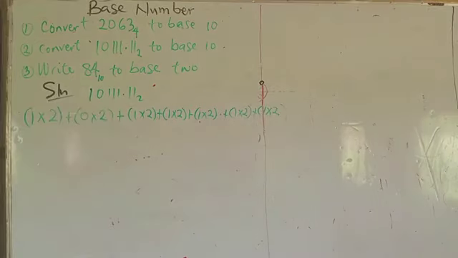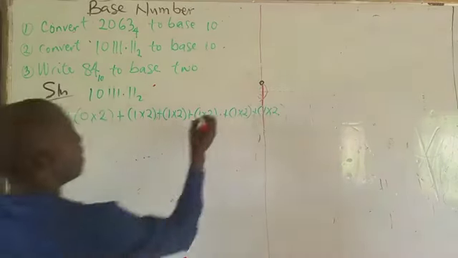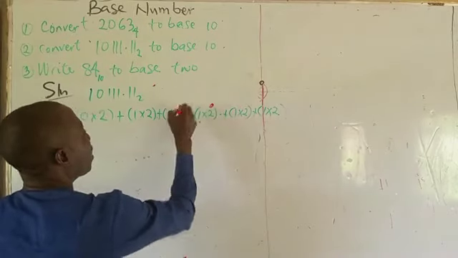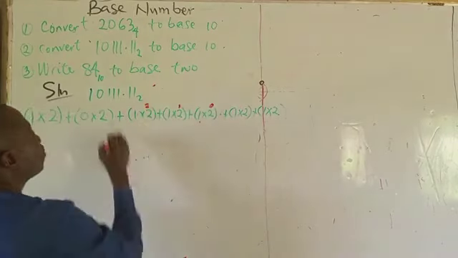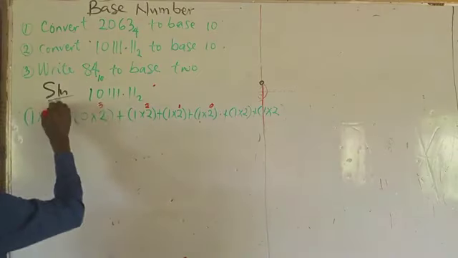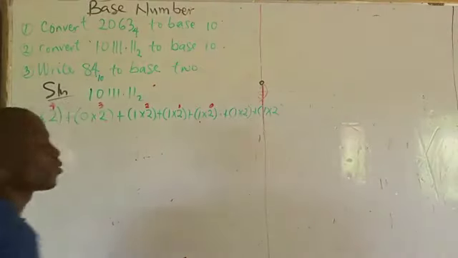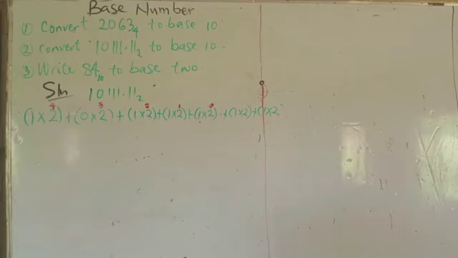The next step is to insert the powers, and starting from here, look at the dots. Starting from here, we have 0, then 1, 2, 3, and 4. And we cannot end it that way. What about this other side, where we have the fraction after the decimal point?